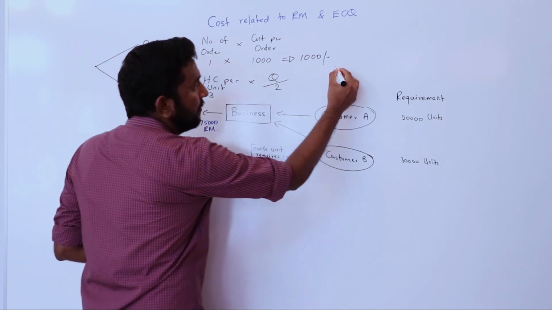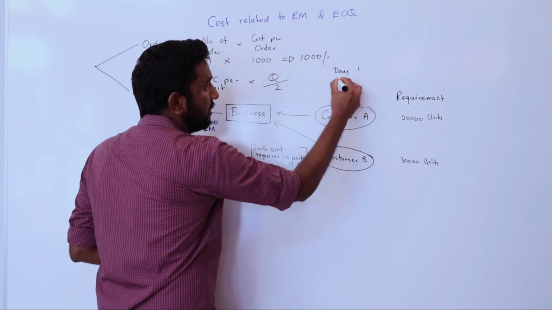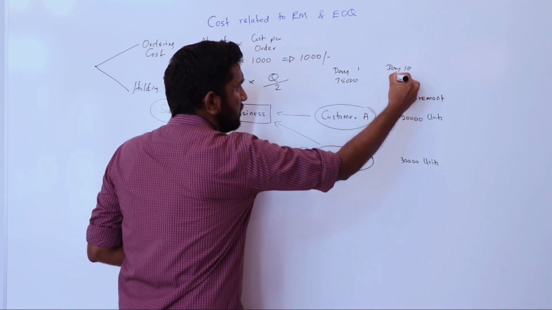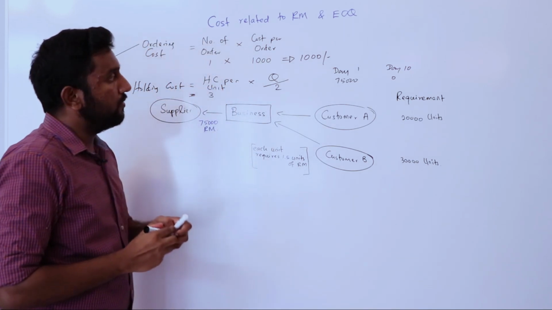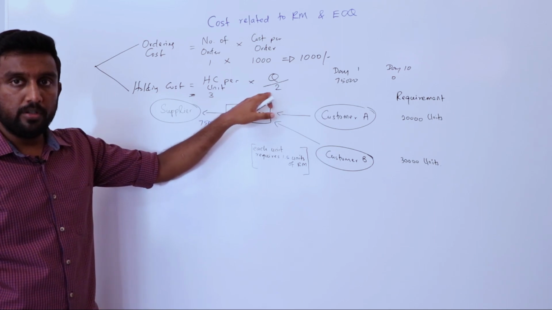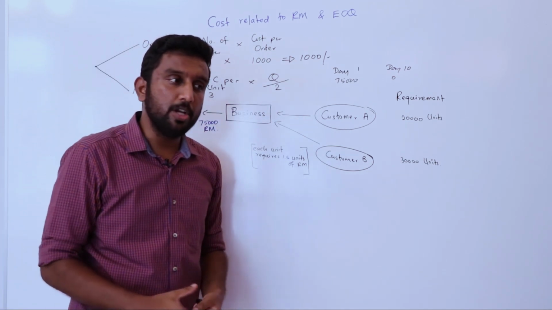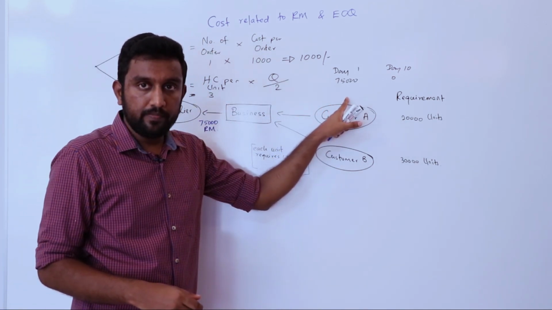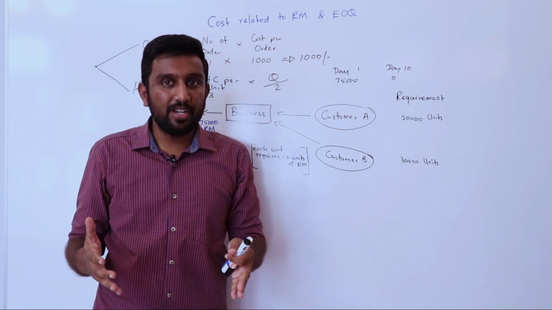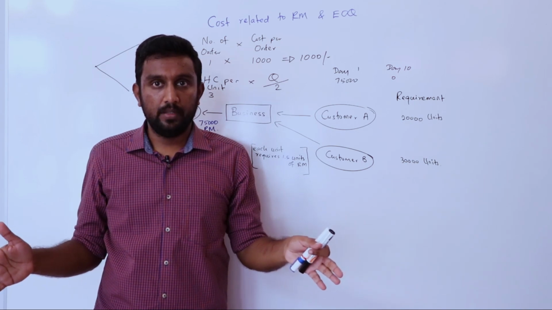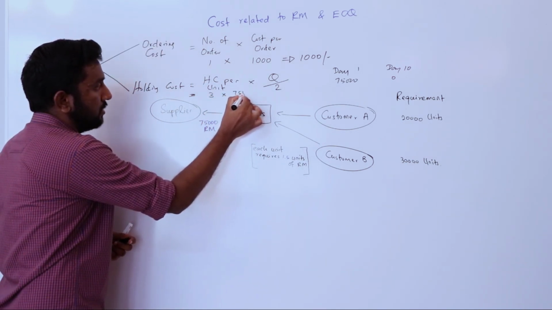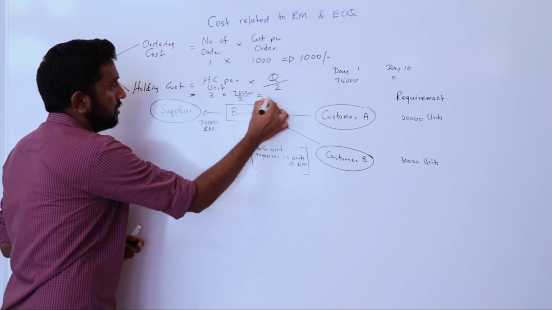Like if day 1 has 75,000 and day 10 has 0, and we get the average using this formula. So quantity will be divided by 2 because we are not going to store the entire 75,000 units for the entire period. So 3 into 75,000 divided by 2, and we'll get the answer.